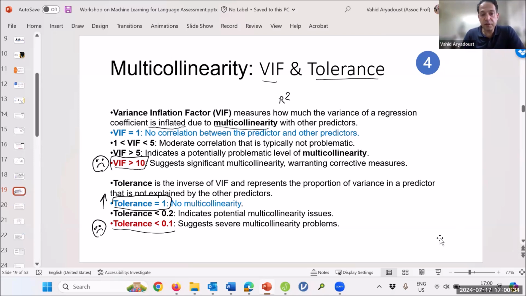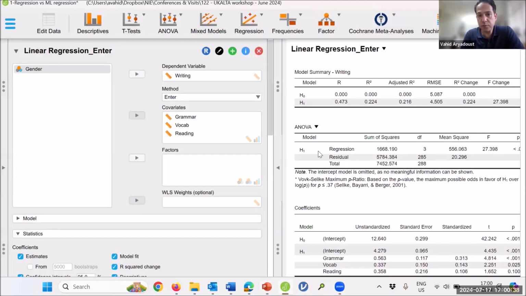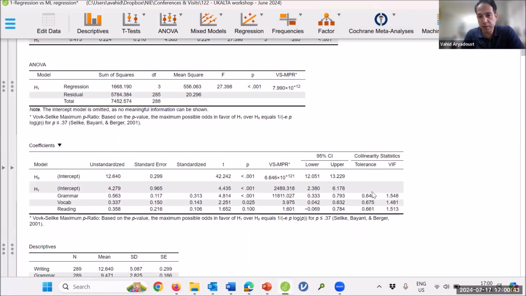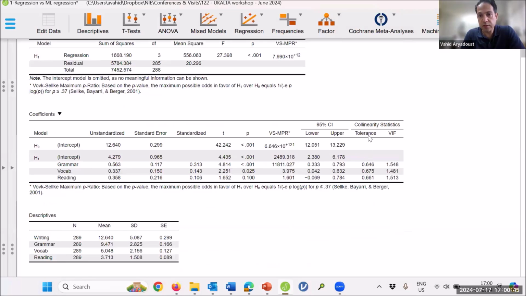And do we have the data in our output? You bet. Here is the data in our output. Under coefficients, you are looking at the tolerance and VIF. You remember, I just mentioned that the VIF of close to 1, equal to 1, is the best. And as you see, everything is very close to 1 here, which is pretty good.